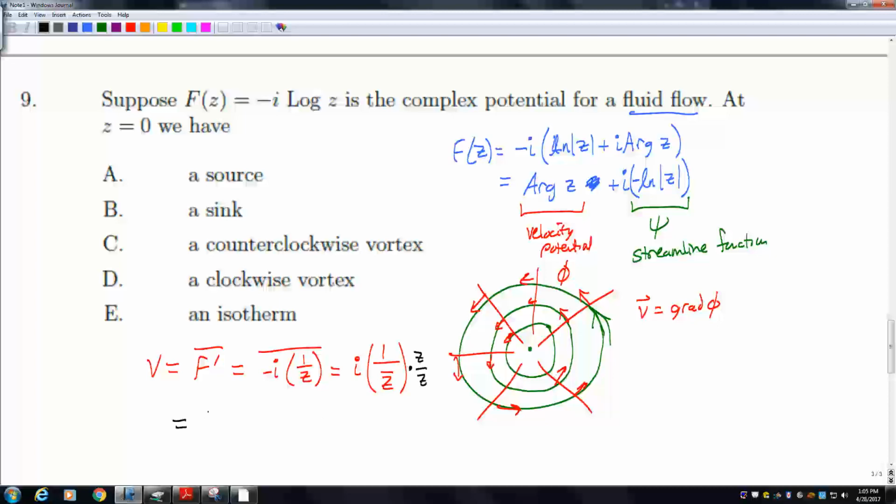So my velocity looks like i times z over, this is a fraction bar, sorry, not a conjugate bar, z times z bar, which is the modulus of z squared. Or written in terms of x and y, it would look like this. Okay, so I'd have negative y plus i times x over x squared plus y squared.